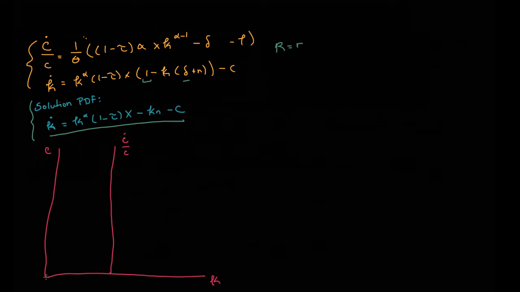If you just plug in 0 equals all that and then solve for K, you'll find that it's just equal to a flat parameter. It looks like it'll be delta plus rho divided by all of this here, alpha times 1 minus tau.